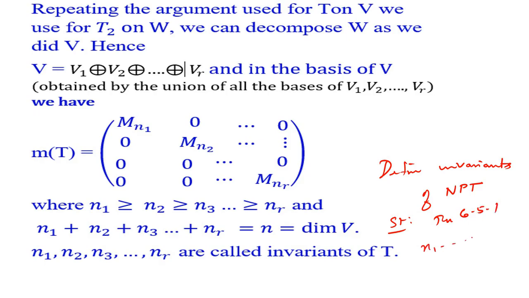The N1 up to NR in that are called invariants of the nilpotent transformation T.